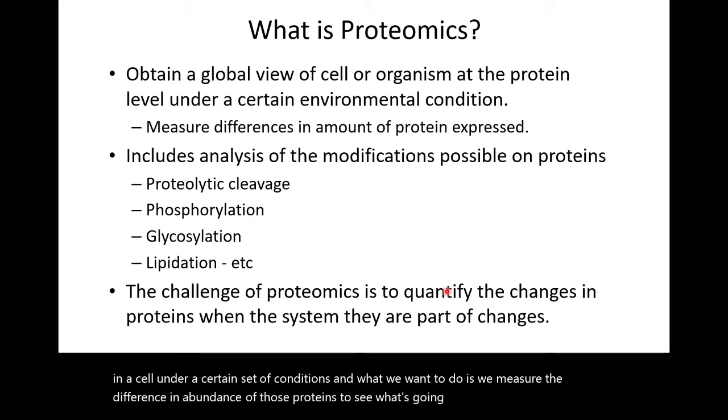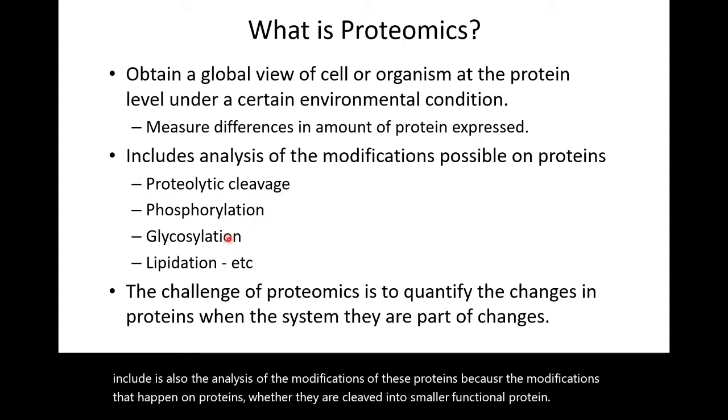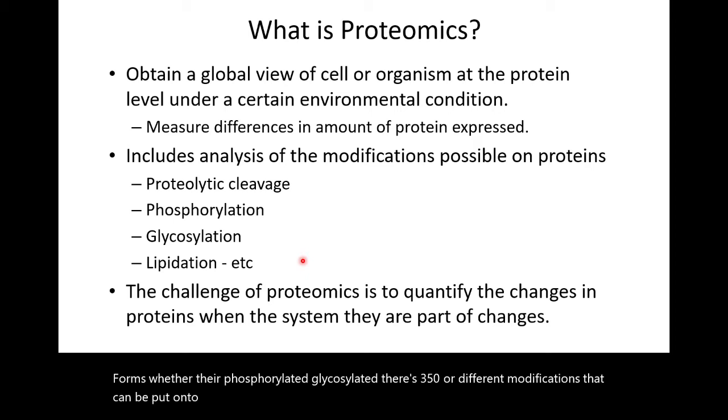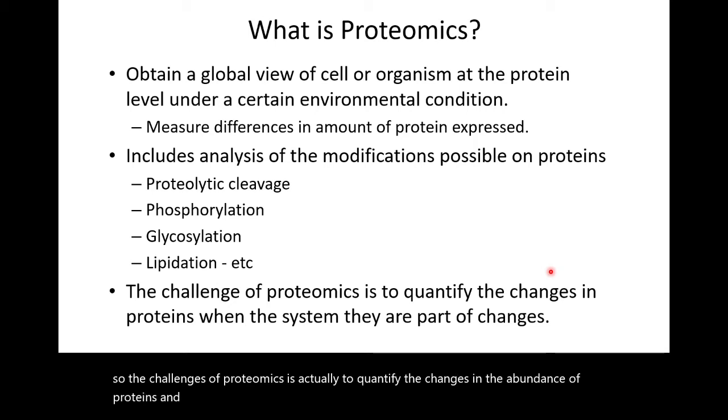Now, what we want to include is also the analysis of the modifications of these proteins, because the modifications that happen on proteins, whether they're cleaved into smaller functional proteoforms, whether they're phosphorylated, glycosylated, there's 350 odd different modifications that can be put onto proteins. None of these things are predictable by the genome. So the challenge of proteomics is actually to quantify the changes in the abundance of proteins and proteoforms in the system.